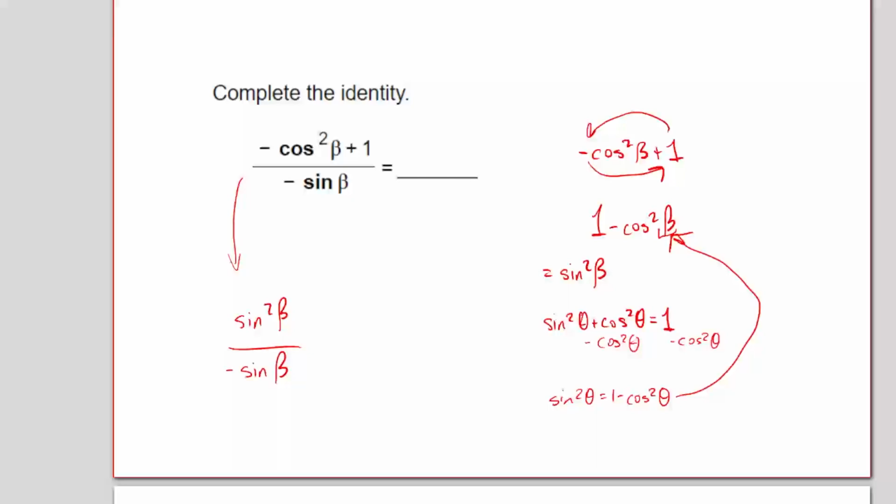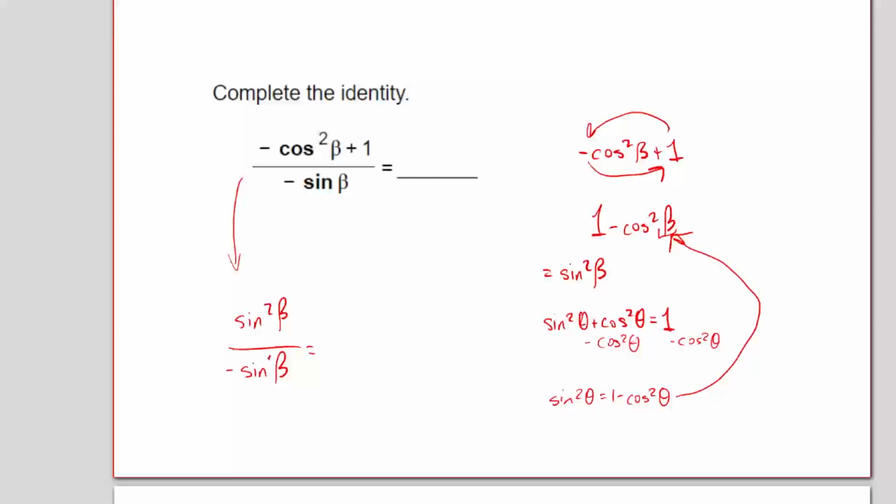But if we have sine squared on the top and another sine on the bottom, this is like sine to the first power. If we divide sine squared over sine to the first power, we just subtract the powers.